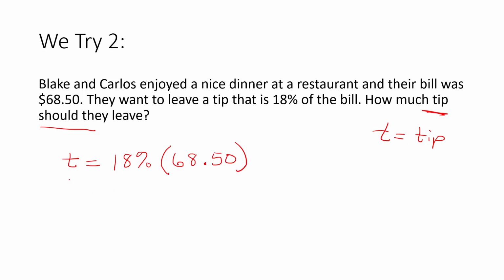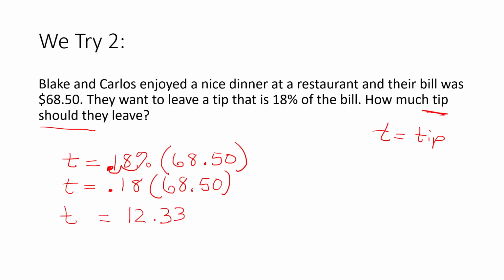Okay, so now let's solve that equation. I'm going to convert it into a decimal by moving the decimal 2 places to the left. And I'll get 0.18 times 68.50, which happens to be $12.33. So, does our answer make sense?